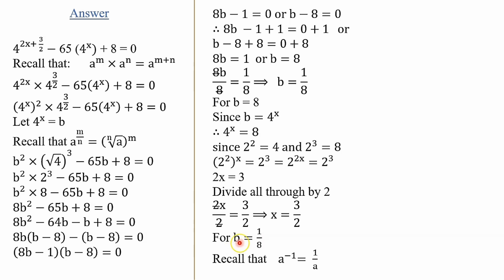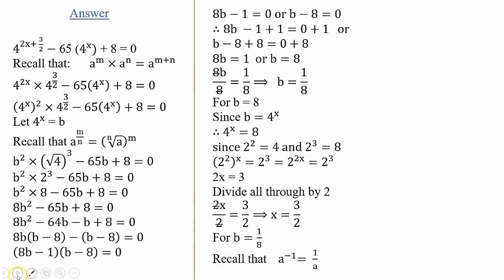Therefore, 1 all over 8 is equal to 8 to the power of minus 1 from the laws of indices. Hence, b will no longer be equal to 1 all over 8, but b is equal to 8 to the power of minus 1.